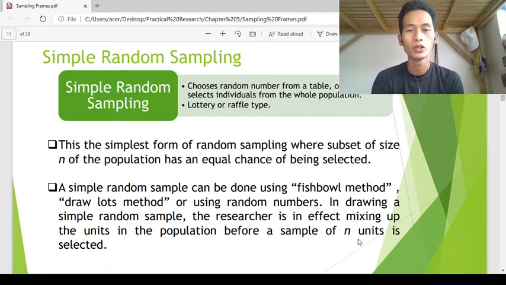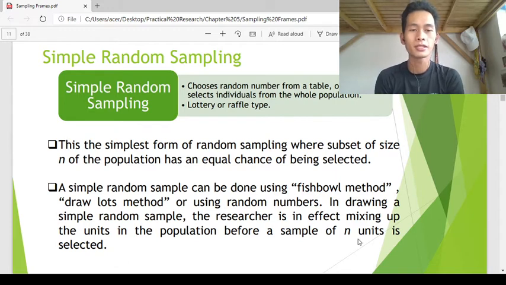And then you write the name of the students, put them in a box or in a fishbowl, and then you choose your respondents, diba? You choose the sample by doing lottery type, meaning bunot-bunot, diba? Simple random sampling chooses random from a table or randomly selects individuals from the whole population. That is what we call simple random sampling. So lottery type, raffle type, bunot-bunot.